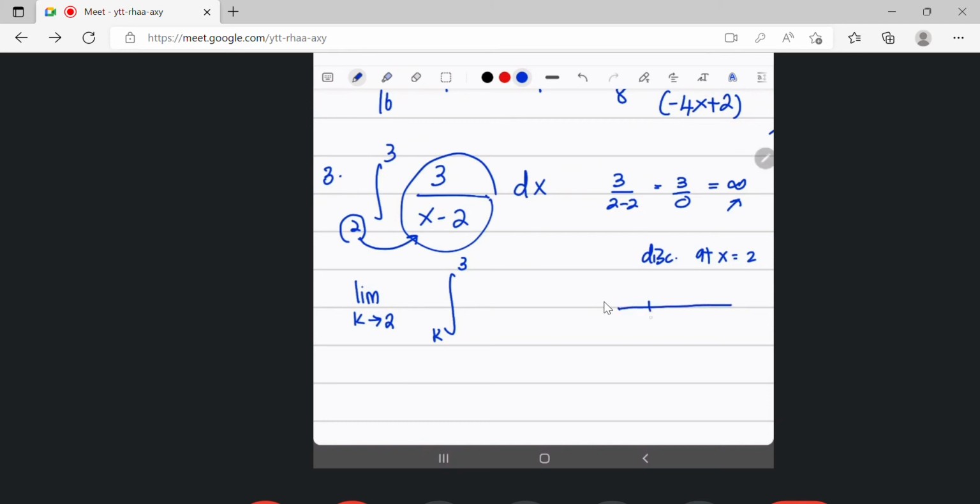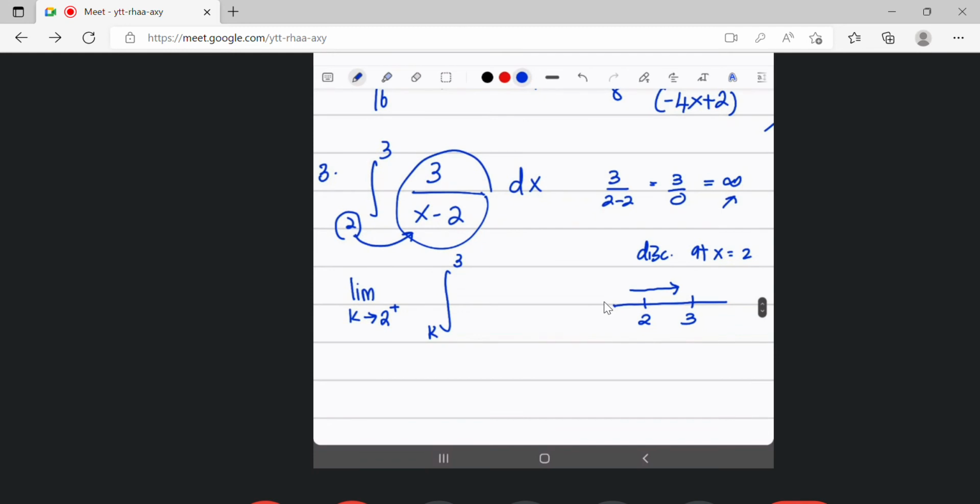Okay, kita ada 2, 3. Sebab dia punya limit kan? Kita tahu yang dia discontinued dekat 2. So dia akan pergi ke arah 3 kan? Pergi ke arah 3, maksudnya dia pergi ke belah kanan. So, kat sini akan jadi plus. Okay, kalau yang set number, tak ingat lah. Kalau contoh, kalau soalan ni diubah.